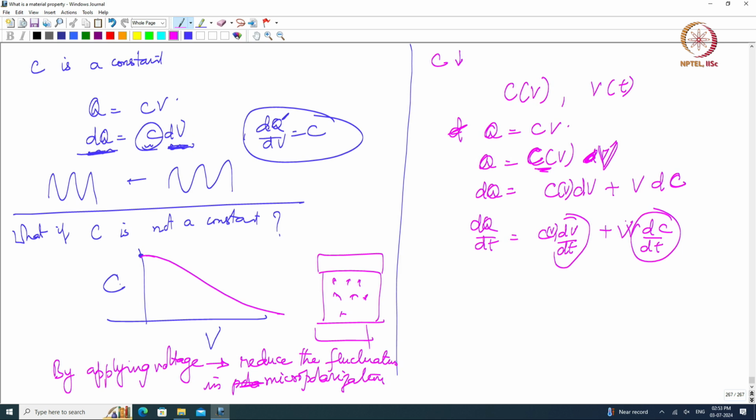This dC by dt I can also write as, C is a function of voltage and voltage itself is changing with respect to time. Okay.